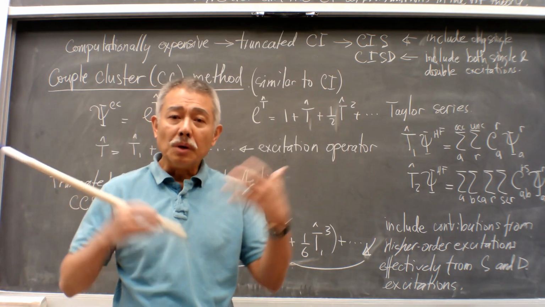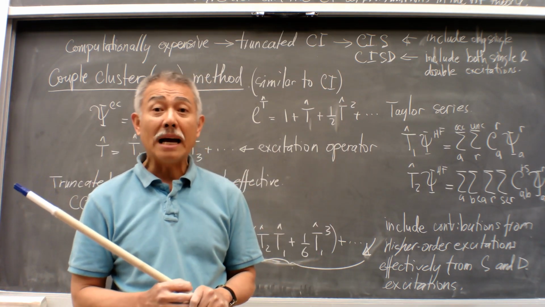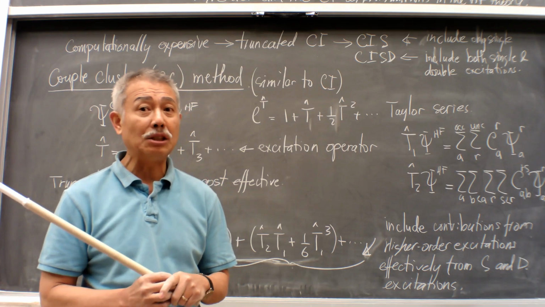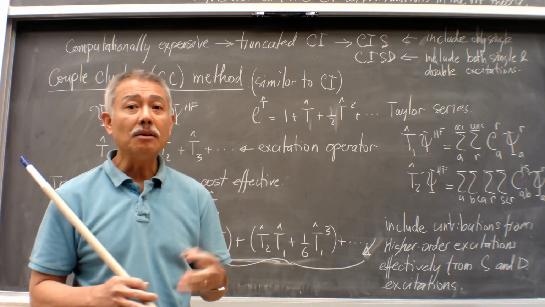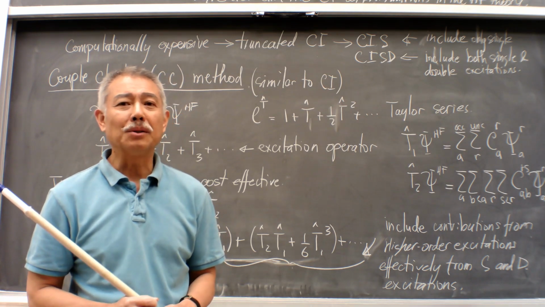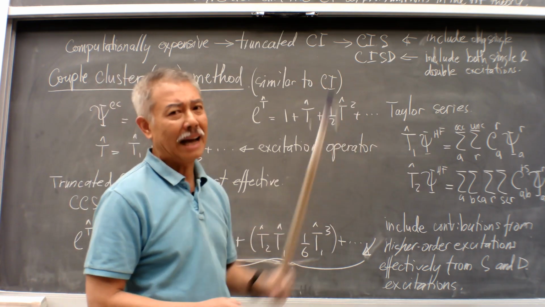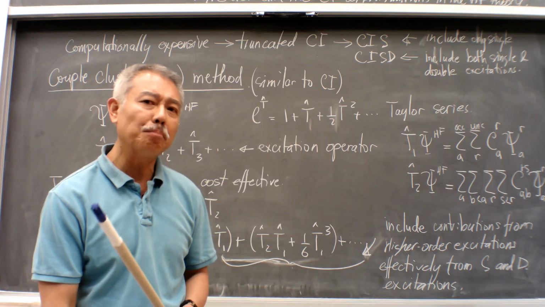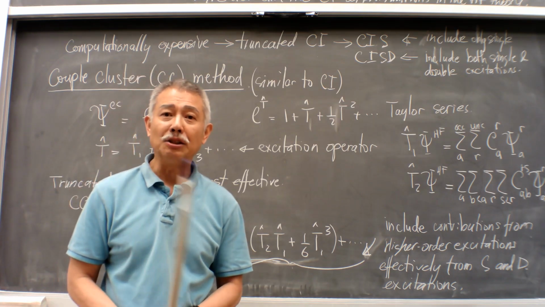It can be proved that the electron correlation energy is accounted for mostly by the double excitations. So if you include at least up to double, you can get pretty good correlation energy.